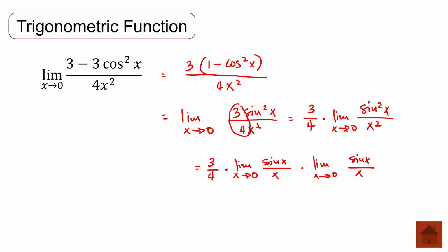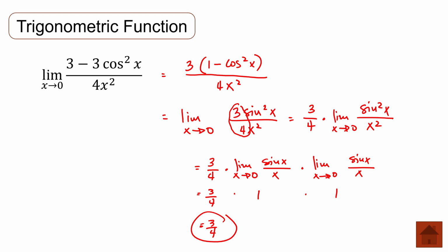So from the left and from the right side, and you will see that it's going to approach a certain number, and it's not 0. Okay, the answer will be 1. So this is 1, and this is also 1. So meaning this is just 3/4 times 1 times 1, and the final answer is 3 over 4.